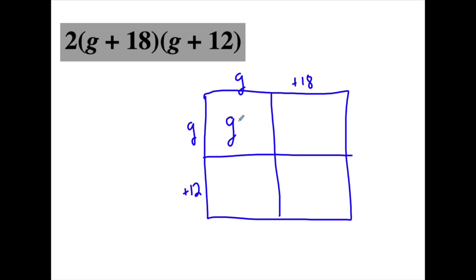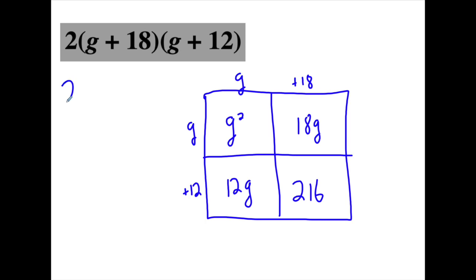So I get g squared, 18g, 12g, and I've got to do 18 times 12. All right, and again, this is something that you definitely would want to use your calculator for. What you get is 216.